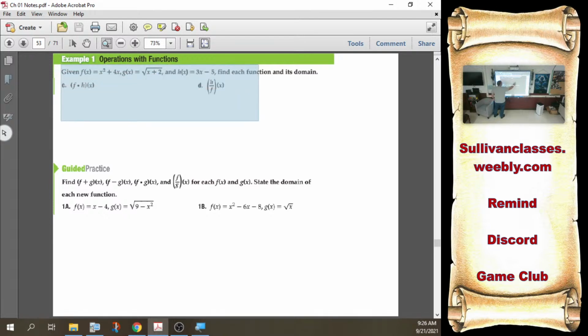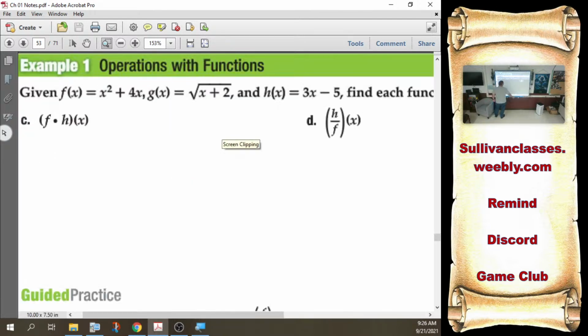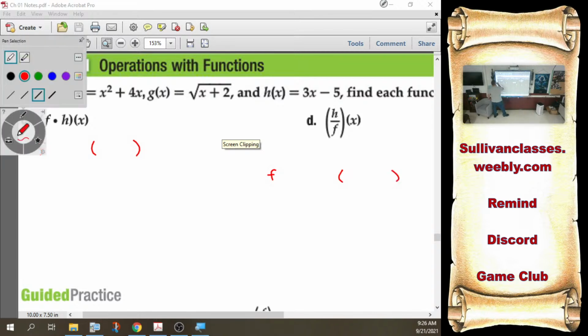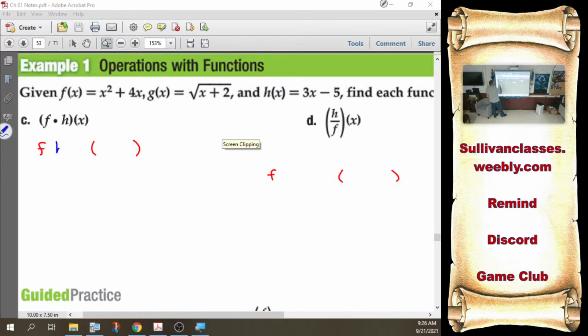If I multiply and divide, on the other hand, I got to watch out. If I take the f rule, that's this entire rule times the h rule.